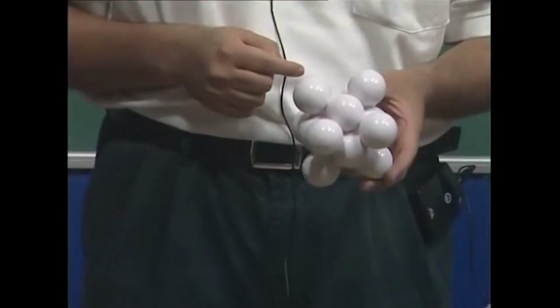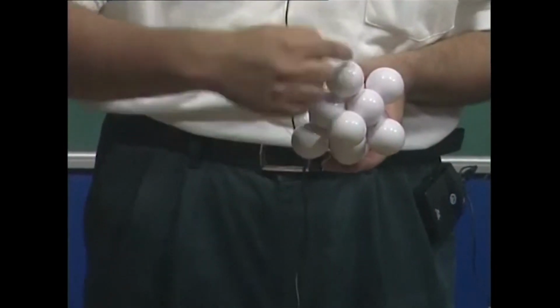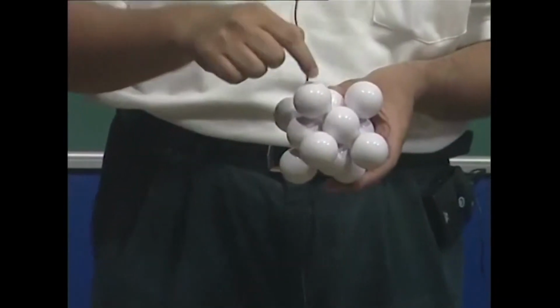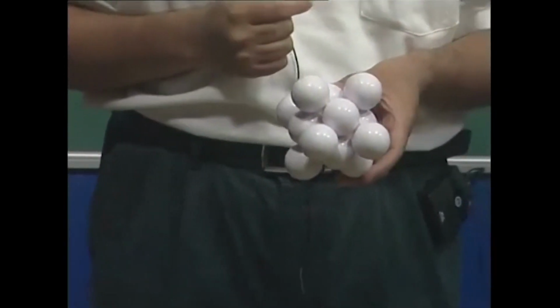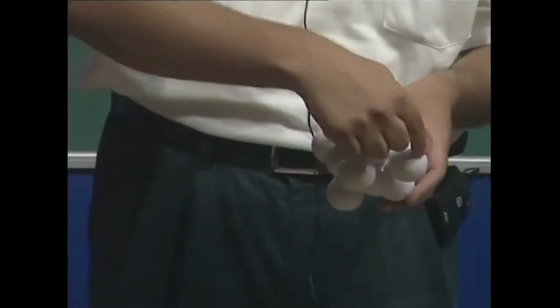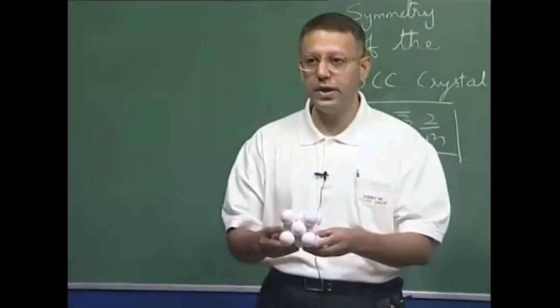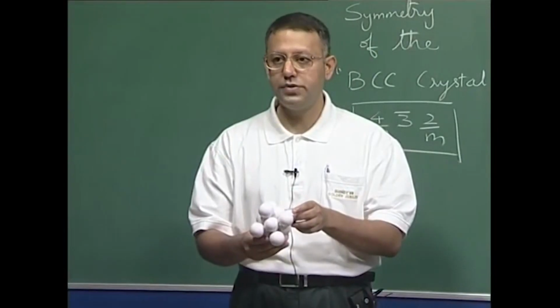And also that the atoms are not touching along the cell edges. So this is my cell edge, and this is another cell edge. The atoms are not touching along the cell edge, but they are touching along these directions.